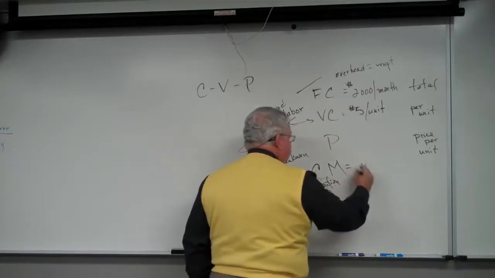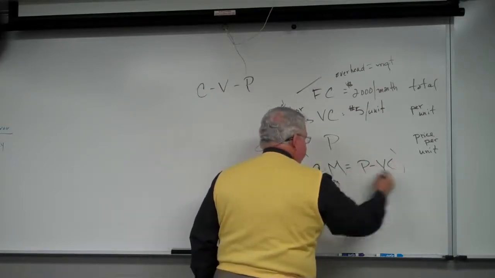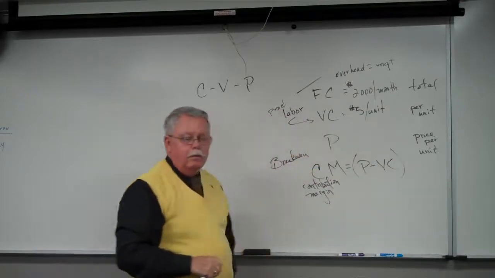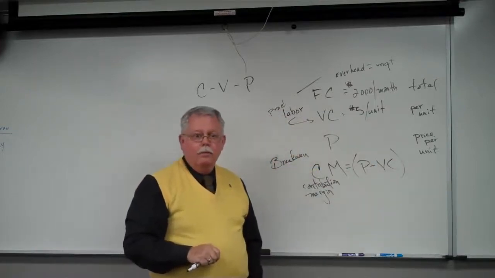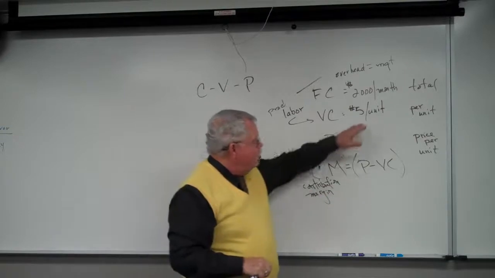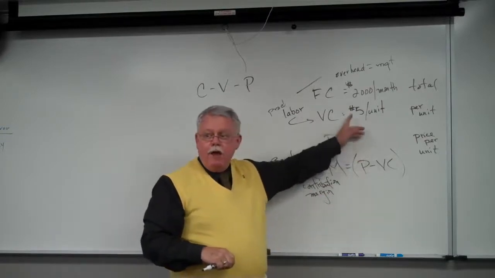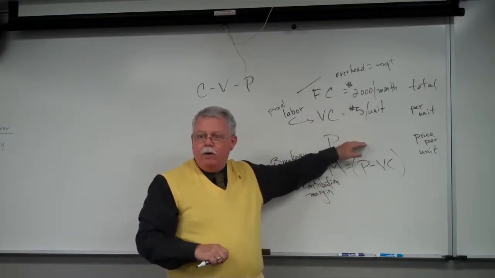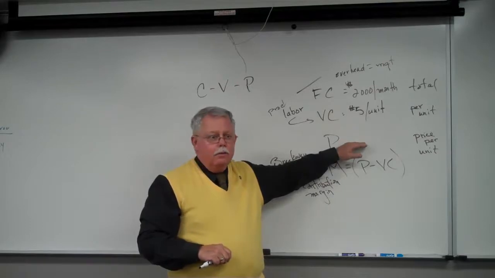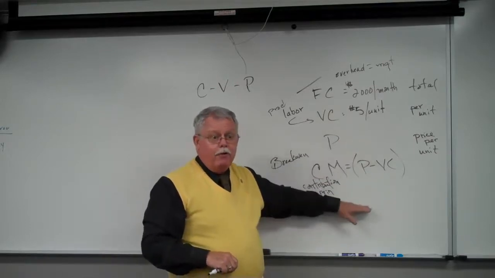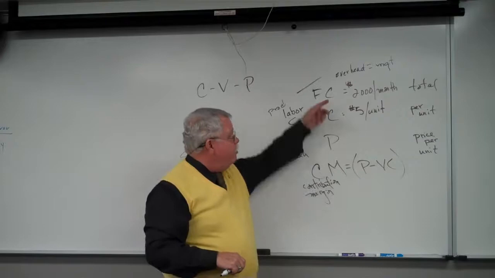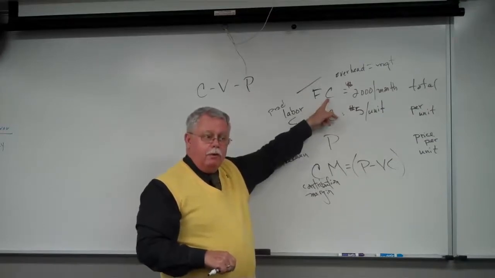The contribution margin is price minus variable cost per unit. If I charge $8 for this game, what happens every time I sell one? I made $3. That's my contribution margin to be contributed to my fixed costs.